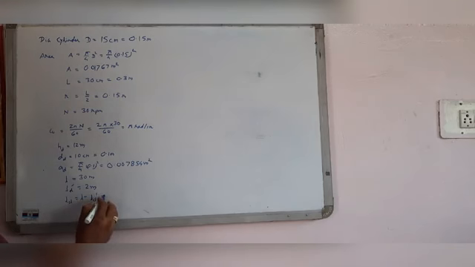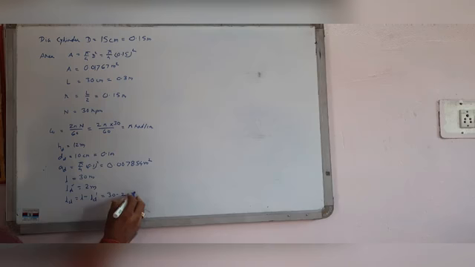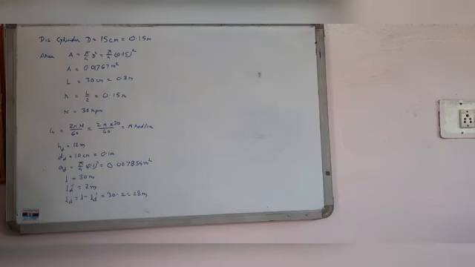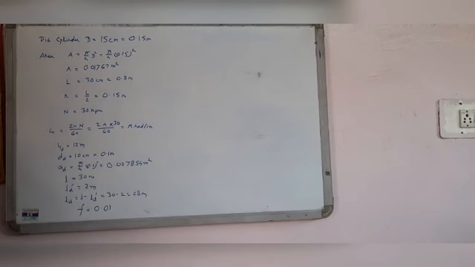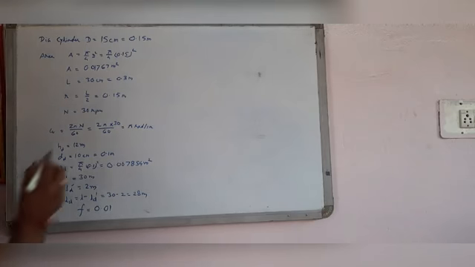So it is 30 minus 2 equal to 28 meter, and coefficient of friction is given 0.01.